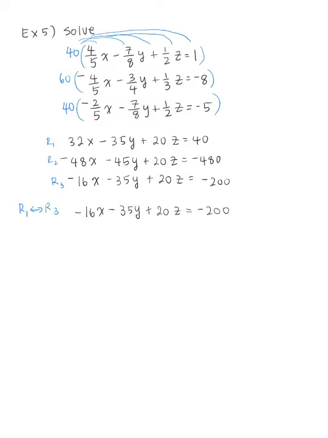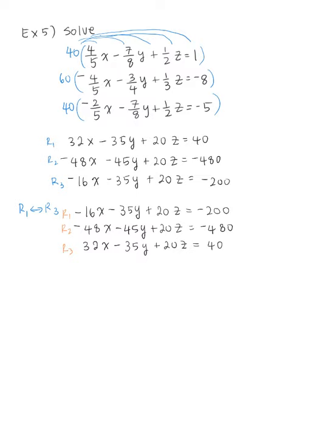And then negative 48x minus 45y plus 20z equals negative 480. And then 32x minus 35y plus 20z equals 240.